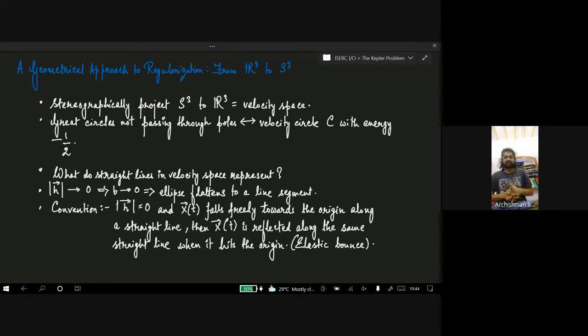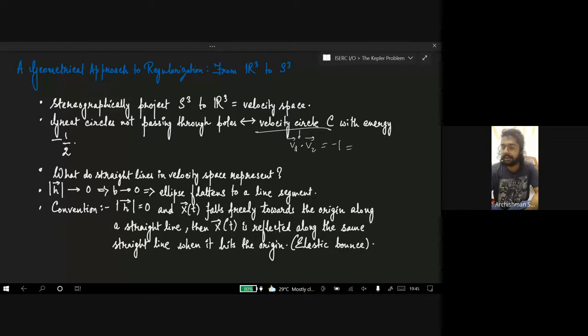As I mentioned before, if you have a great circle which does not pass through the poles, these circles under stereographic projection yield velocity circles that satisfy v1 dot v2 is -1.